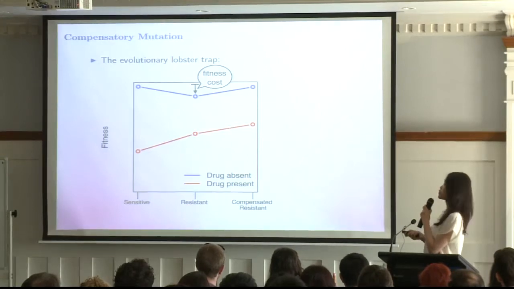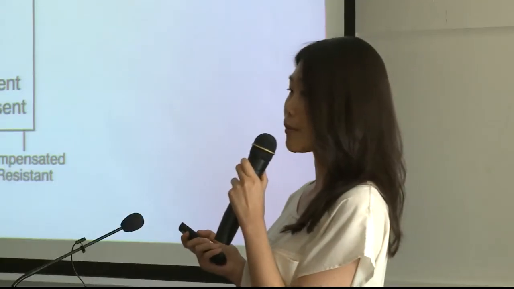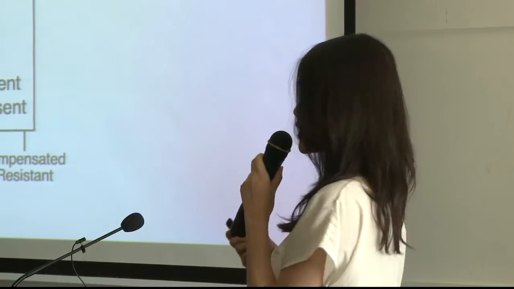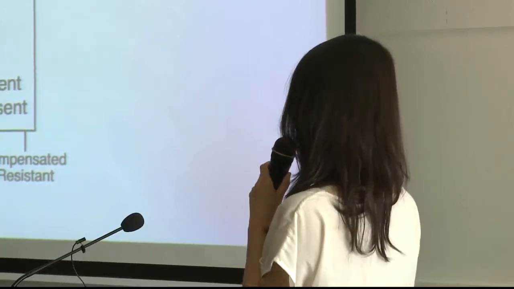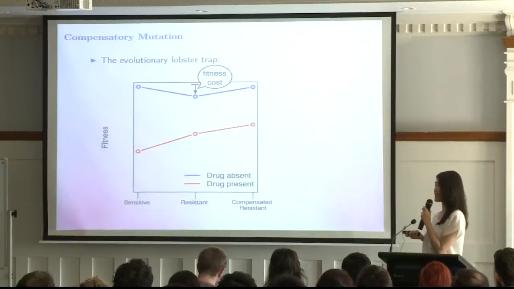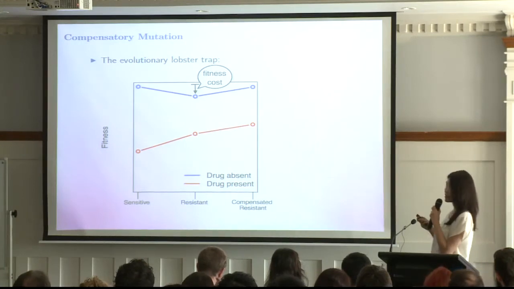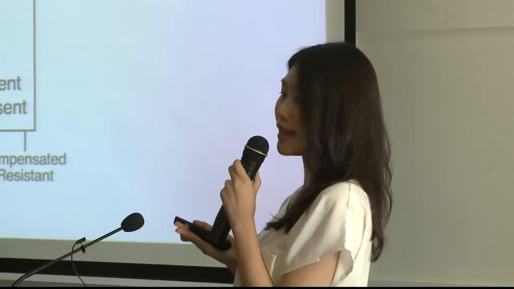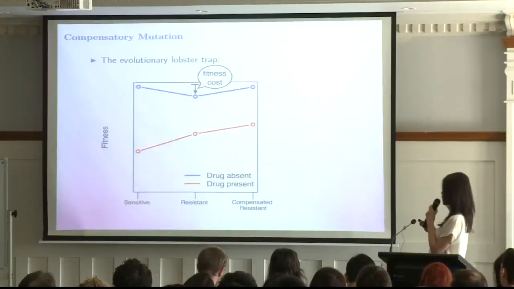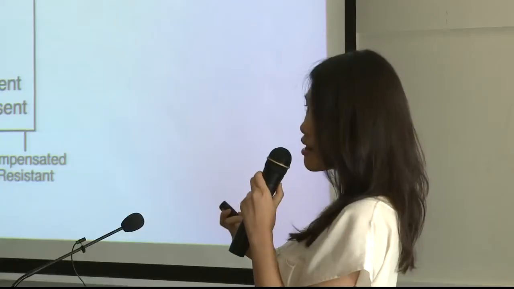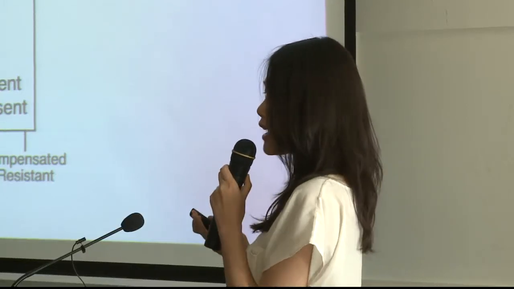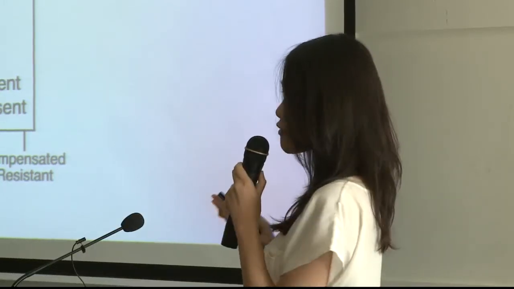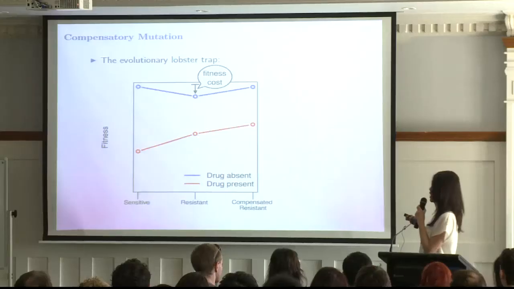Before I start to talk about more details of our model, we need to know how resistance evolves and why it is so hard to eradicate those resistant pathogens. Here's one explanation. This is the fitness landscape of bacterial strains under different environmental conditions. The term fitness of a strain here can be defined as its growth rate in a given environment.